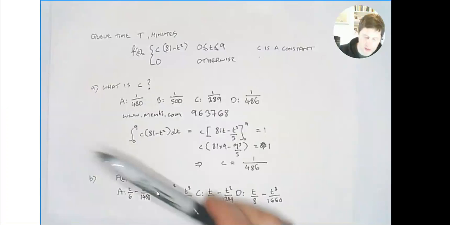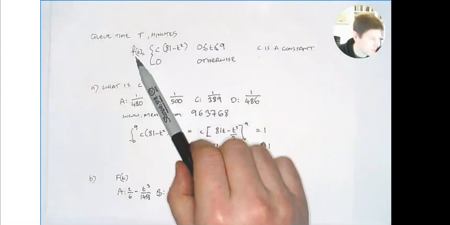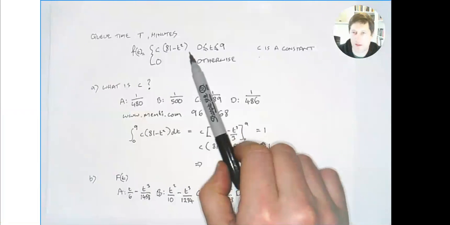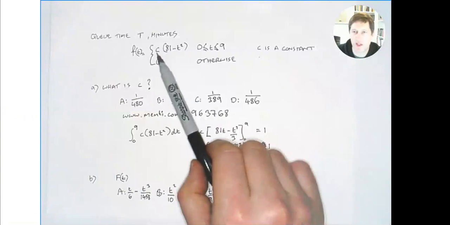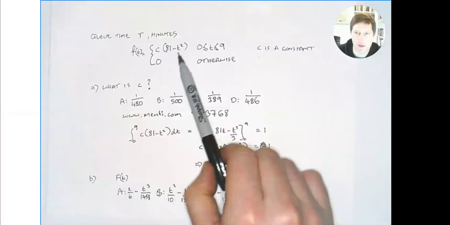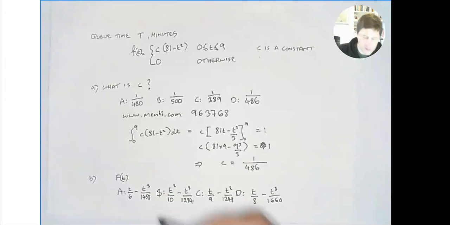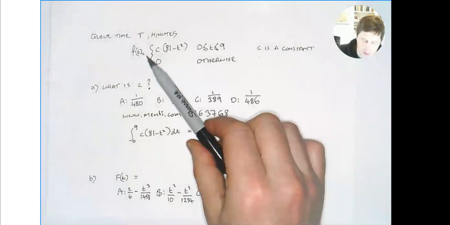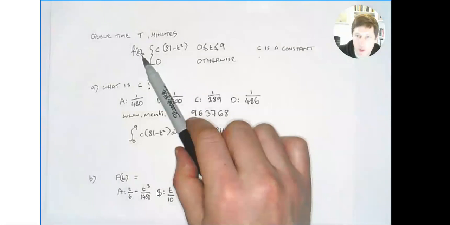So the probability distribution tells us how that's distributed over time. So if you want to find the probability over a particular interval, you need to integrate this over that interval. The cumulative probability tells us the probability of it being at any point below t.